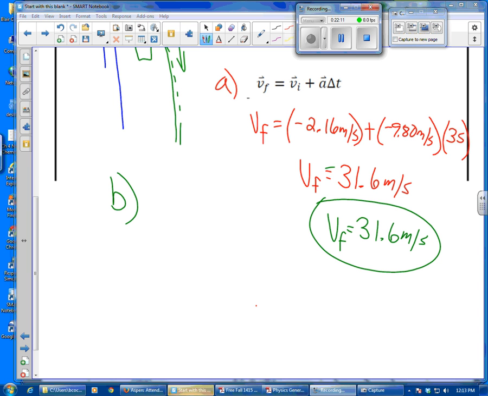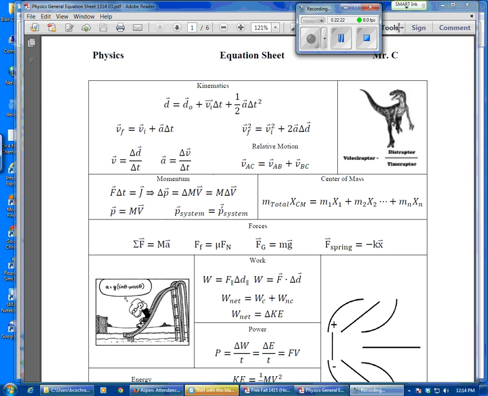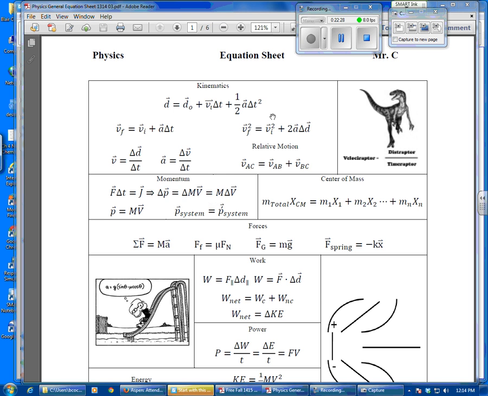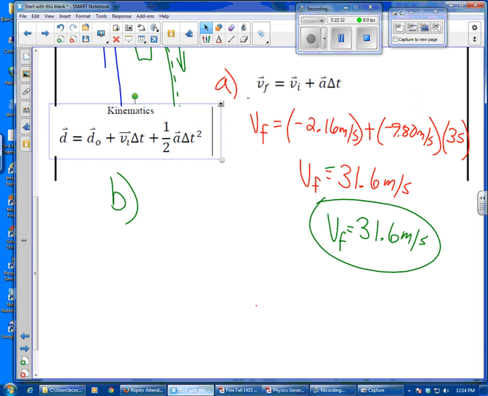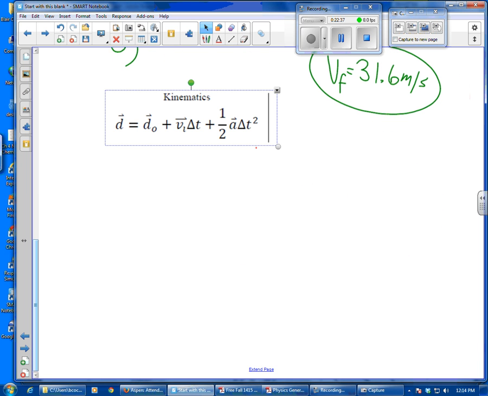Moving on to part B, how far is the cell phone below the balloon at this time? So I want to know where it is, and I know a lot about the time and everything, so I'm going to grab this one. And extend my page again. So I want to know where it is.